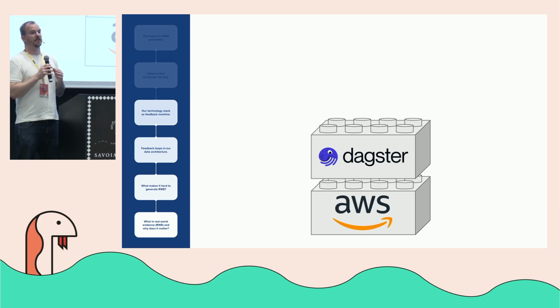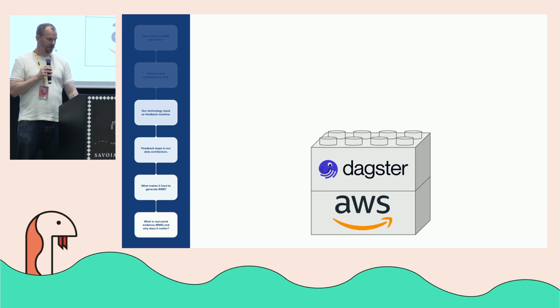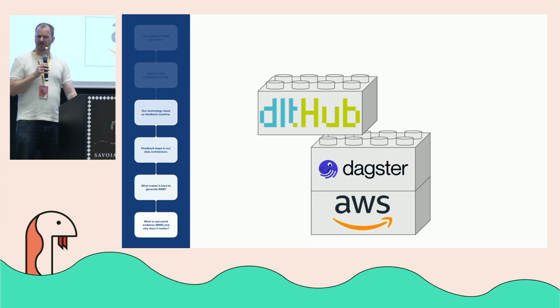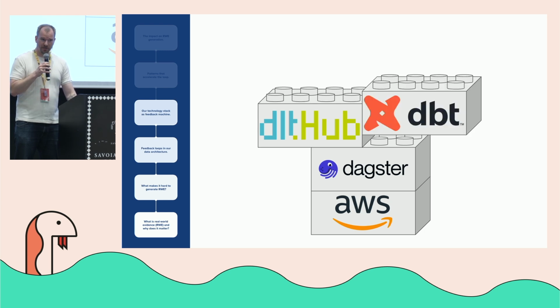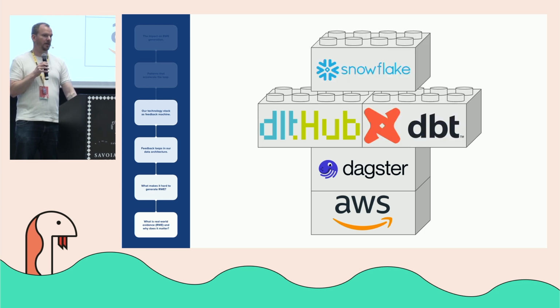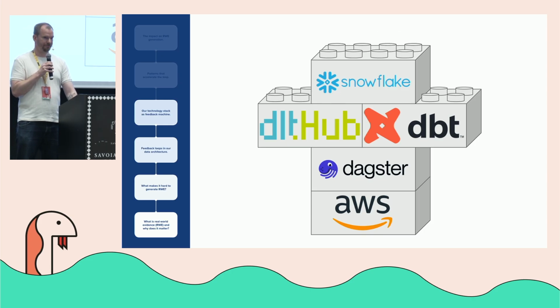Then we use Dagster for data orchestration, and DLT for data loading and normalization. I will talk about all of this in more detail in a second. Then we use dbt for data transformations, and our data pipelines run mostly in Snowflake.